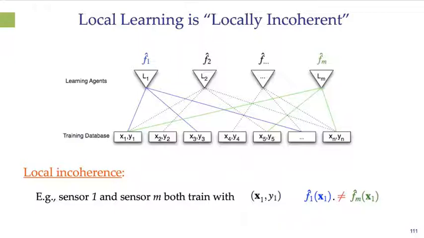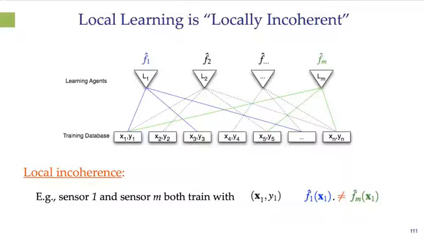So when those individual f's are applied to a common data point, here I'm thinking of f1 and fm sharing the data point x1, y1, f1 hat, the learned function for agent 1, may not agree with fm hat when applied to x1.